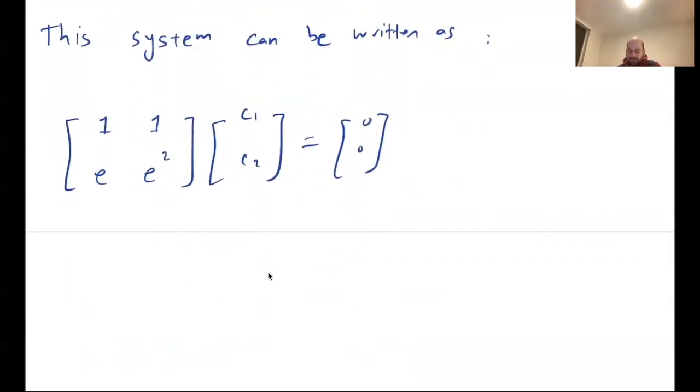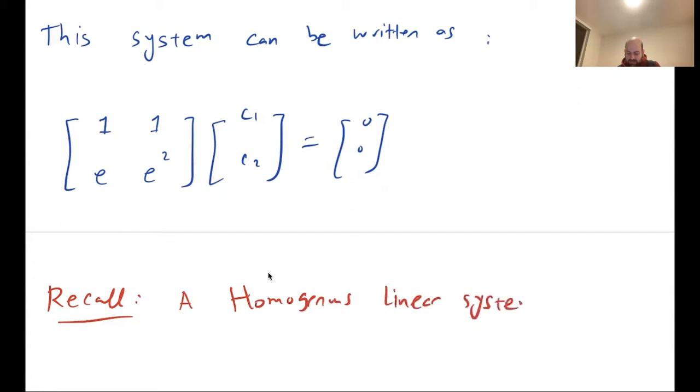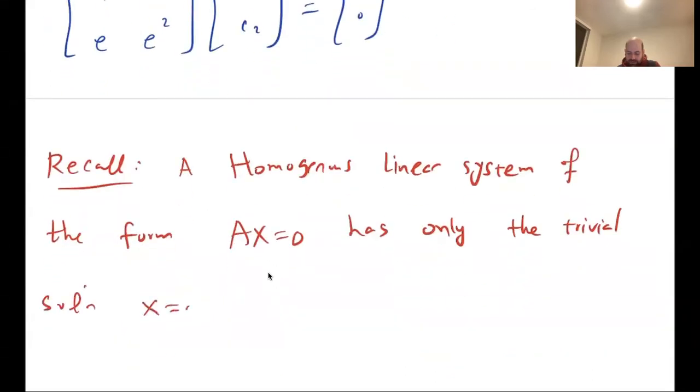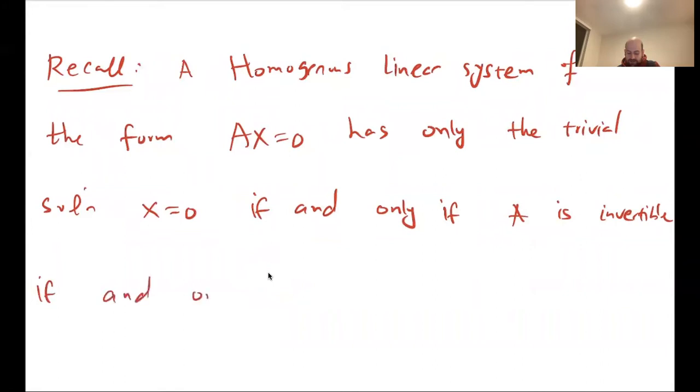Now, I want you to recall from Math 252 that a homogeneous linear system of the form Ax equals 0 has only the trivial solution x equals 0 if and only if A is invertible, and this occurs if and only if the determinant of A is not equal to 0.